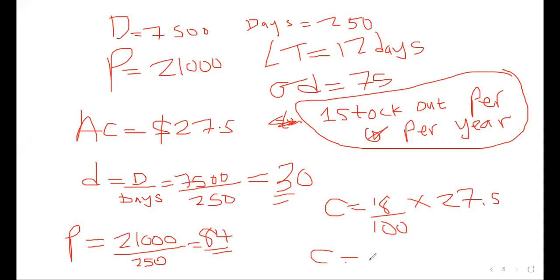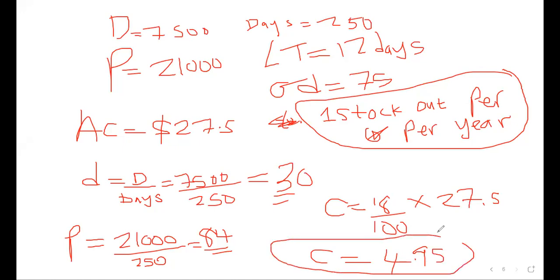So our carrying cost, which is the holding cost, is 0.18 multiplied by 27.5, which is 4.95. That's our carrying cost, which is the same as holding cost.